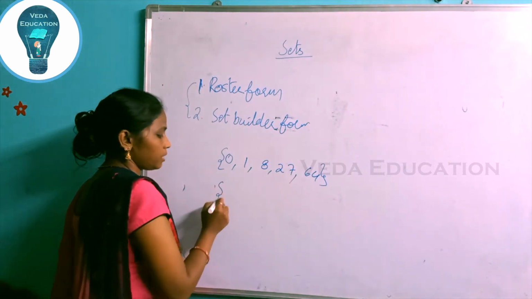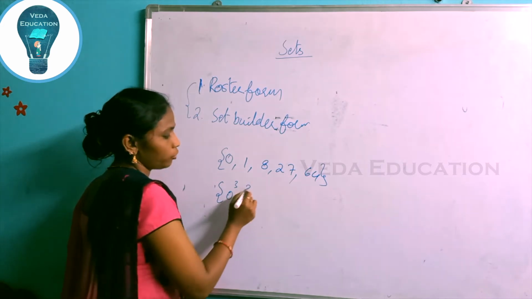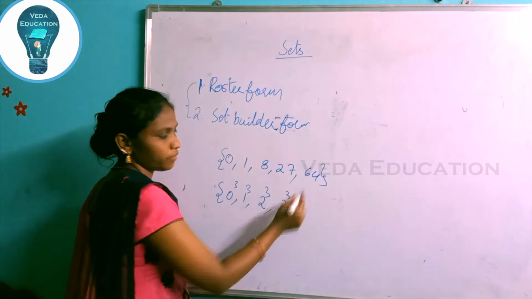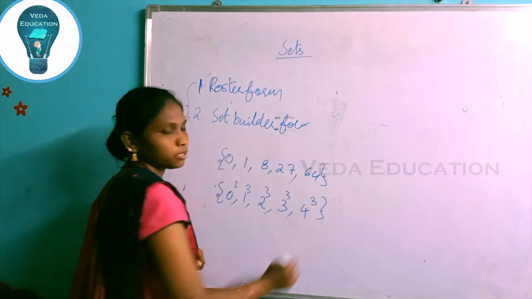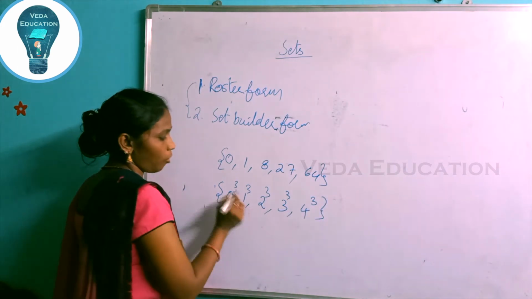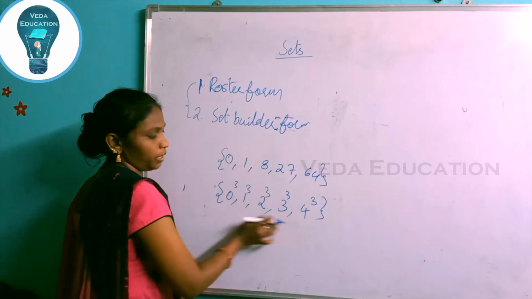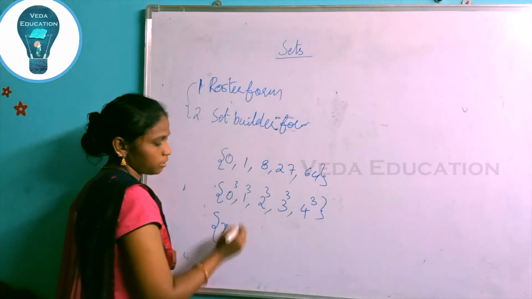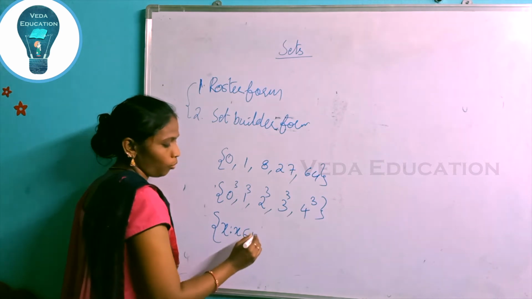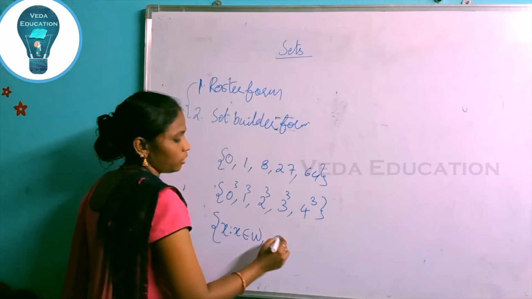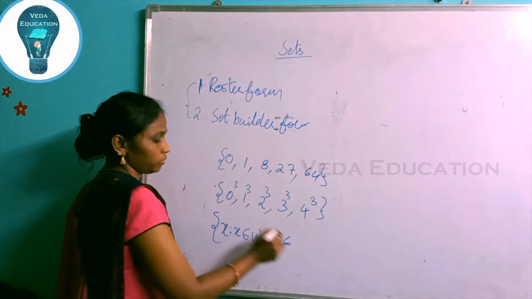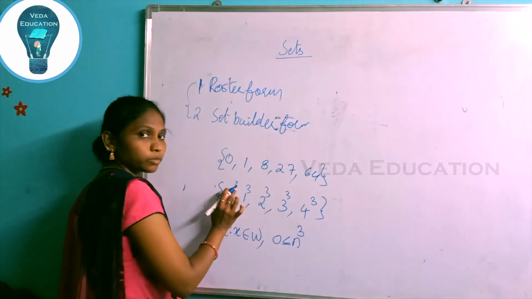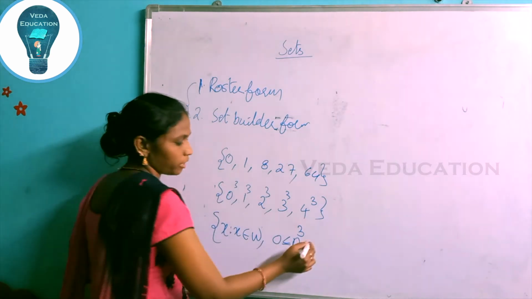So look here, these numbers: 0 cube is nothing but 0, 1 cube is 1, 2 cube is 8, 3 cube is 27, and 4 cube is 64. All our exponents are cube, and here the bases are whole numbers. So when you are writing in set builder form, x such that x, these all numbers belong to whole numbers, and 0 less than or equal to n cube. These objects are in exponential form. Exponent is 3, that's why we consider 3.